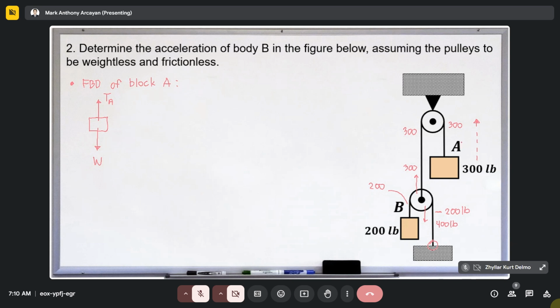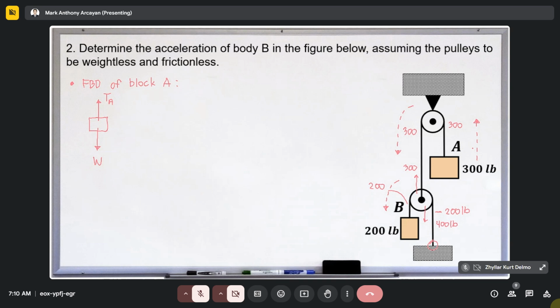Now, let's trace the motion. If block A will be pulled upwards, this rope here will move downwards, and at the same time, the movement of this stone block will also be downwards. So this arrow indicates our direction of motion, and we are going to use this one in our FBD.